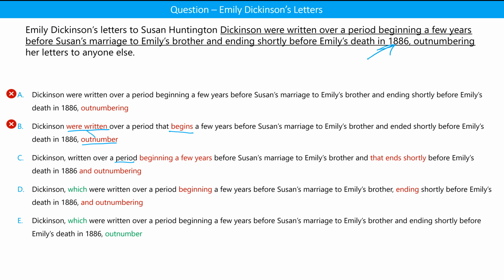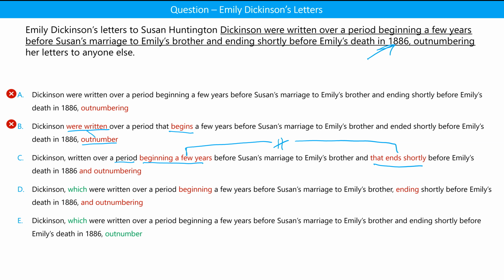So it looks like we're creating a list here. However, we have a phrase and then we have a clause. And we know that we cannot have a phrase parallel to a clause. So this portion of the sentence creates a parallel list that is not grammatically correct. So we're going to reject that portion of choice C on those grounds.